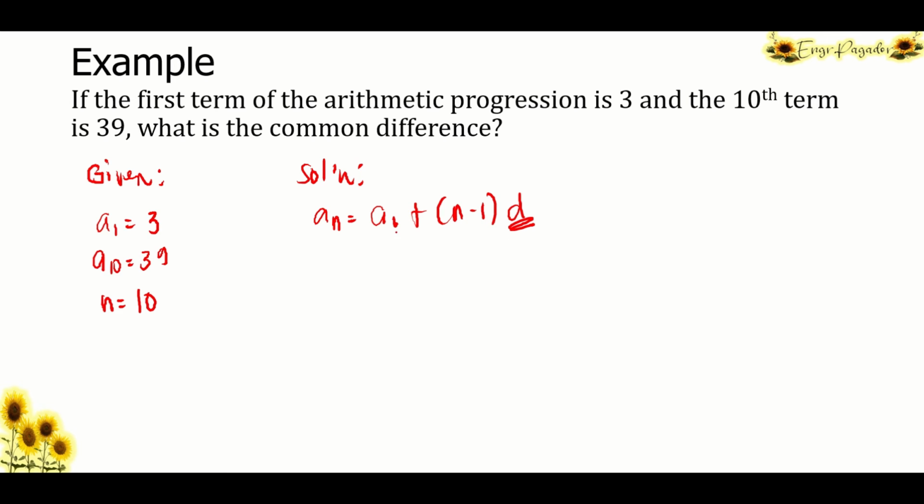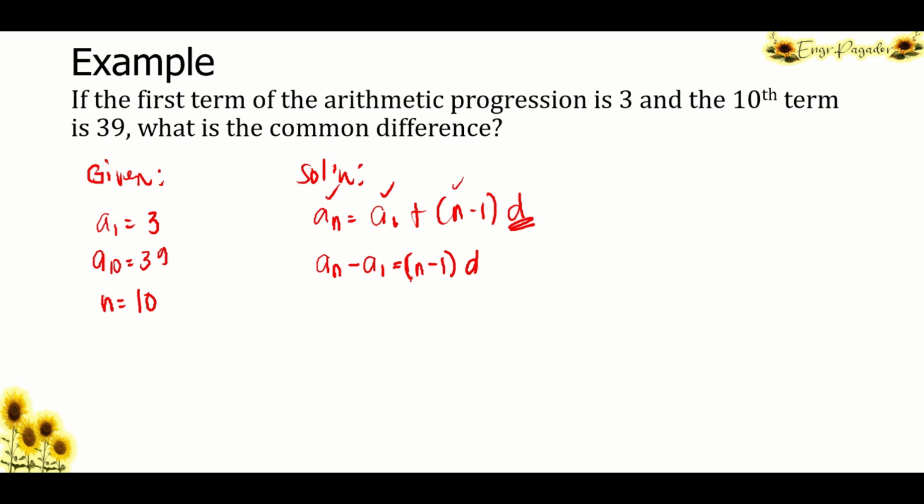So, we are going to manipulate this formula. Since given tayo nito, si a sub 1 and si n, transpose natin to the other side. So, that will be equal to a sub n minus a sub 1 is equal to n minus 1 times d.